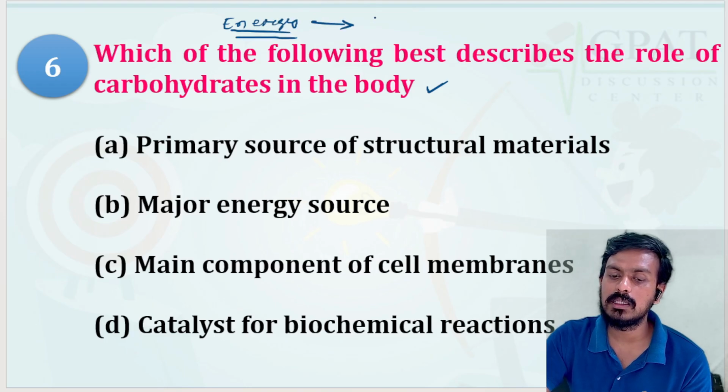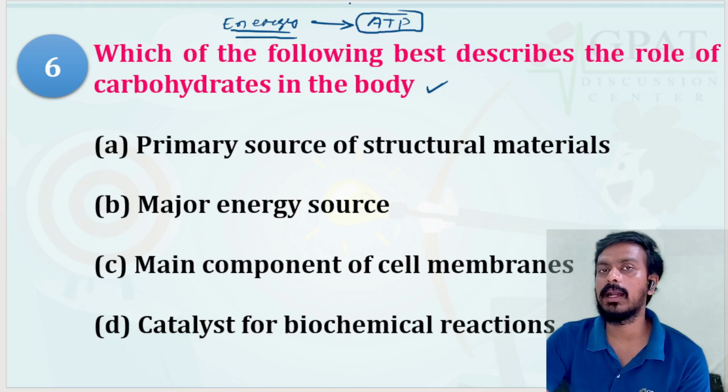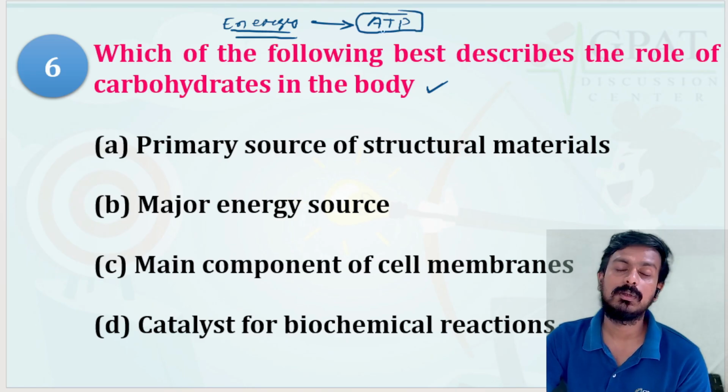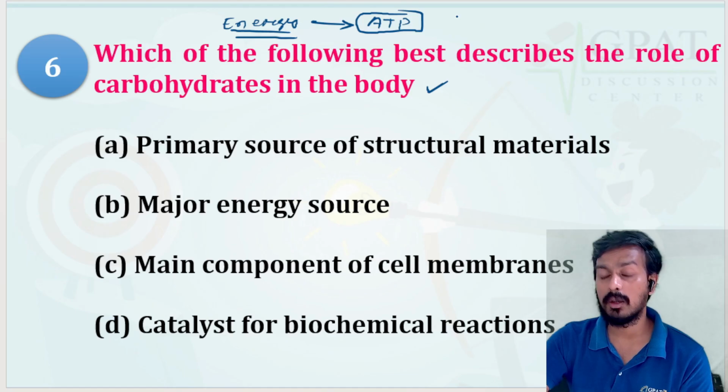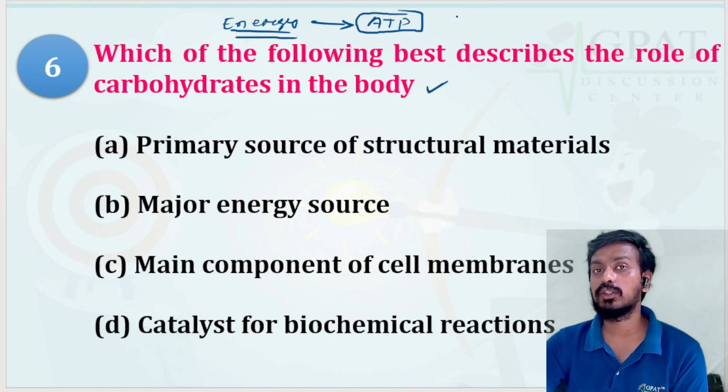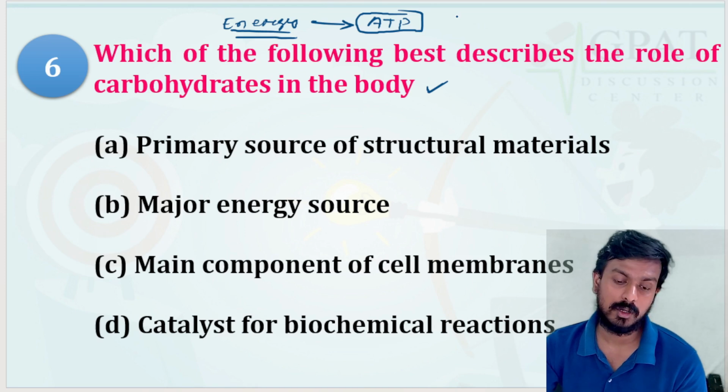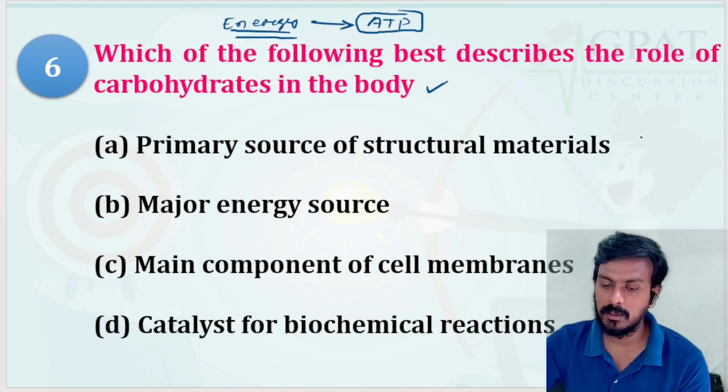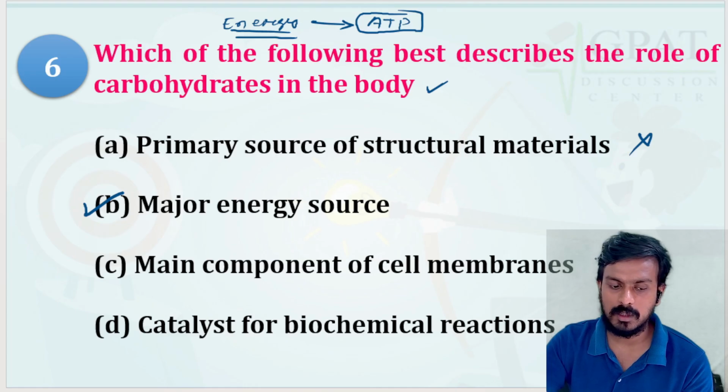It provides energy in the form of ATP, adenosine triphosphate, which is utilized to fulfill the energy demand in our body. Primary source of structural material, no. Major energy source, yes. Main component of cell membrane, no. Catalyst for biochemical reaction, no. Option B is the correct answer.